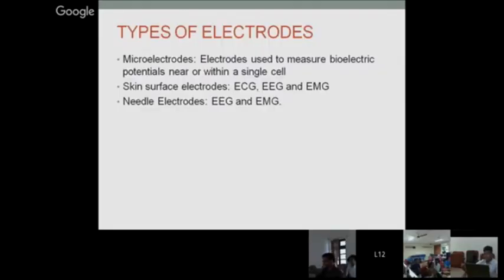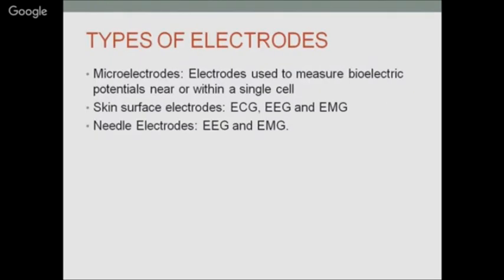Skin surface electrodes again can be categorized into three types, like disposable electrodes, suction cup electrodes. Okay, so different electrodes are available.